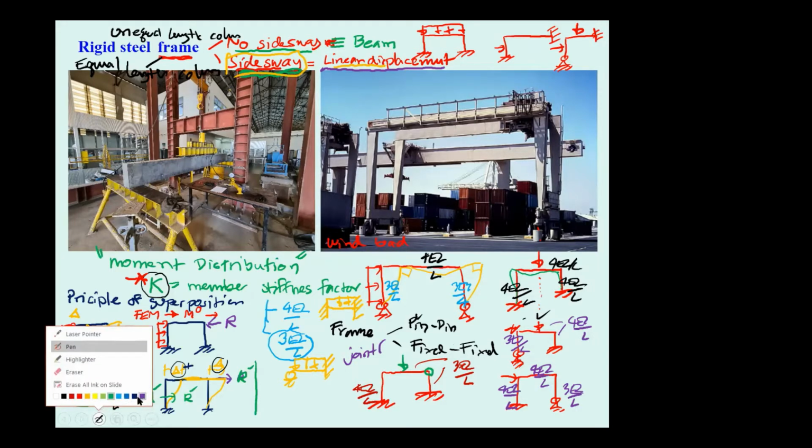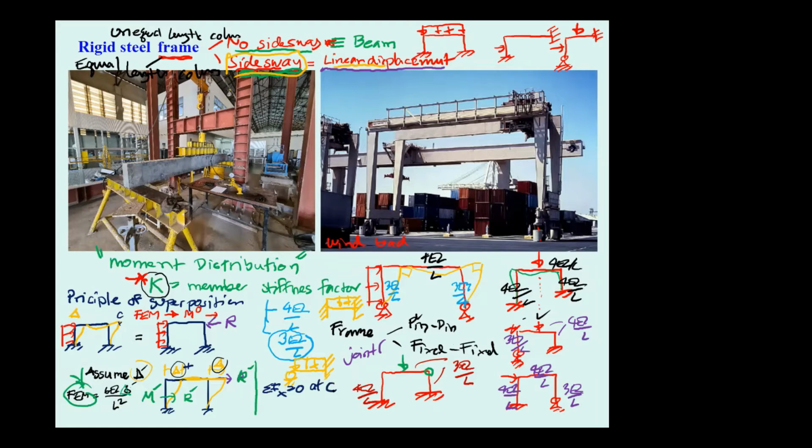So by the principle of superposition, you have what? You have this point. Let's say this is C. You do the summation of forces in the X direction equal to 0 at C. Okay, this is 0. You have 0, and this is equal to the R, and this is in the opposite direction.